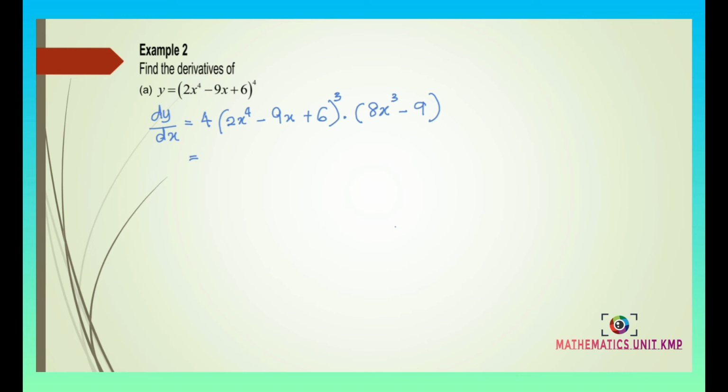Then we arrange the factors: 4 times (8x cubed minus 9) times (2x power 4 minus 9x plus 6) cubed. And this is the final answer.